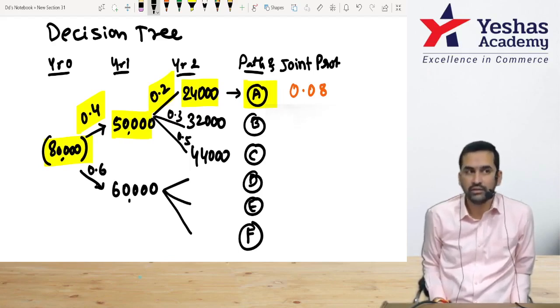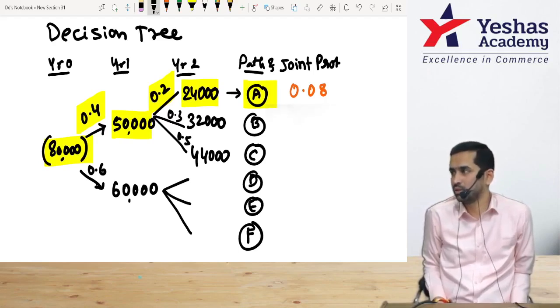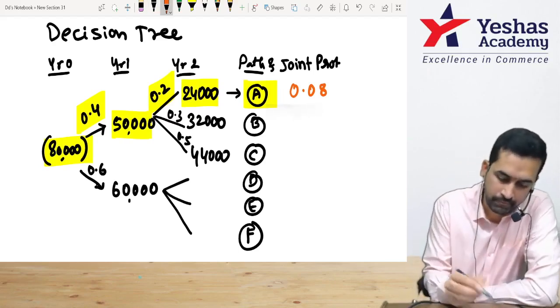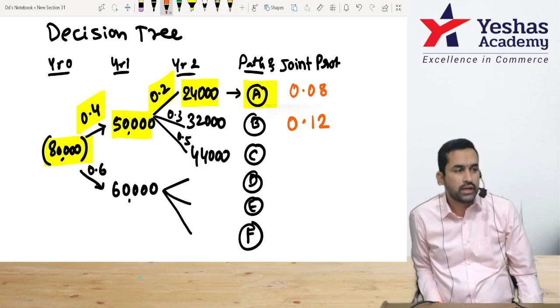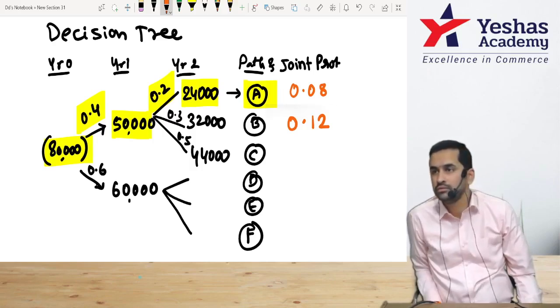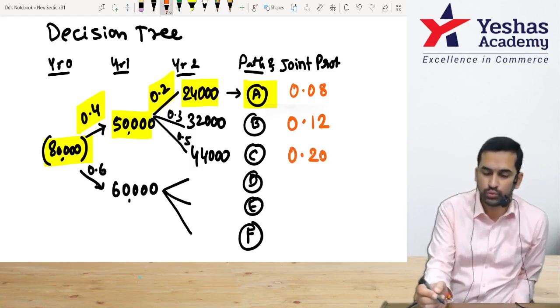For path A, joint probability will be 0.4 into 0.2. 0.4 into 0.2 is 0.08. Second is 0.4 into 0.3. 0.2.